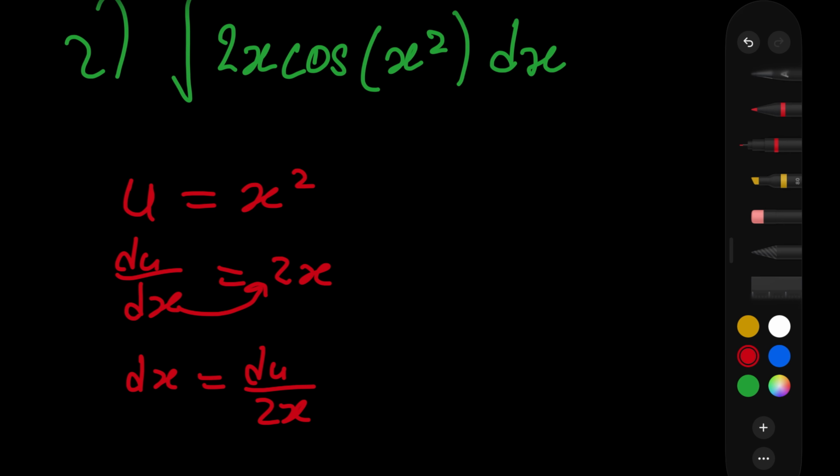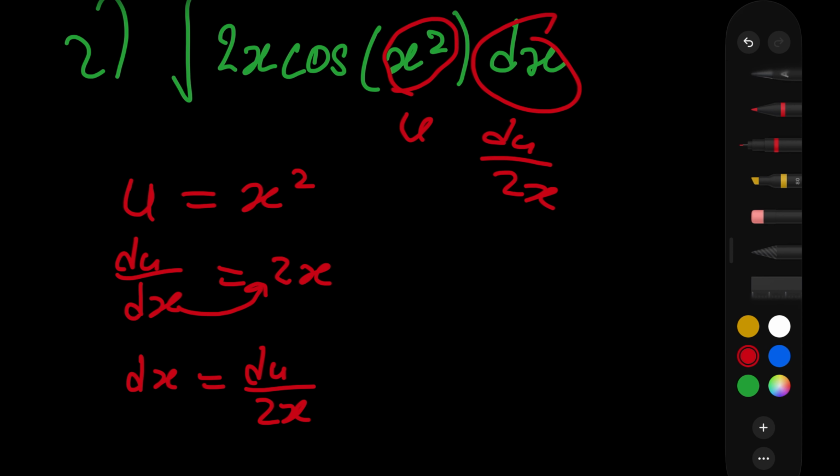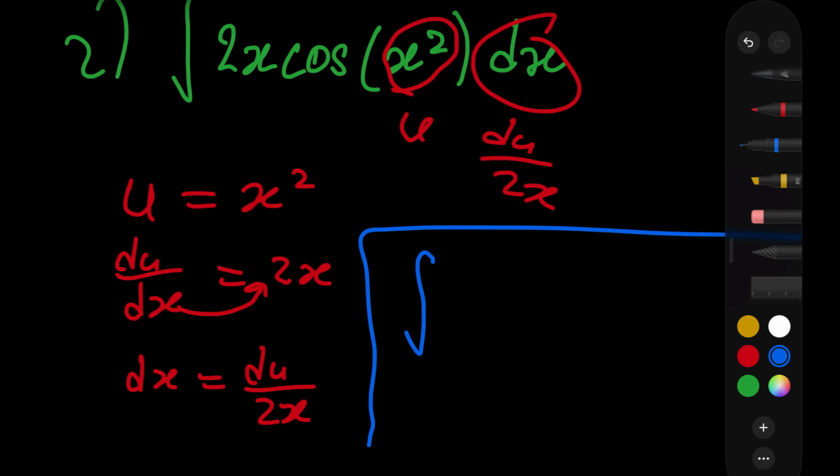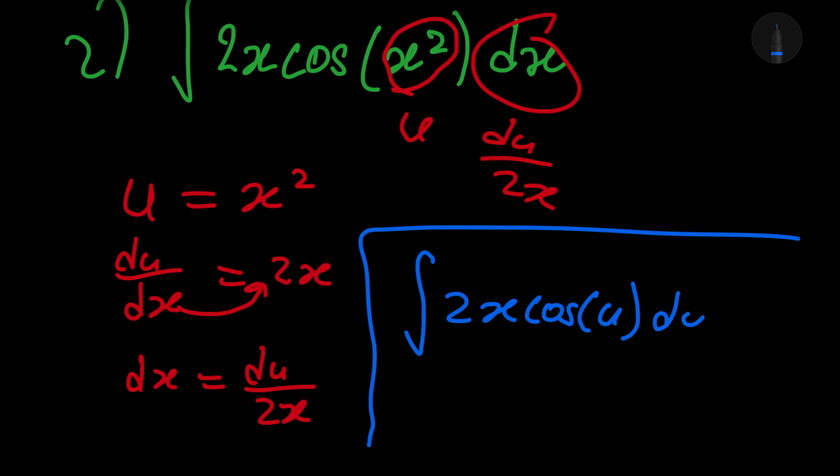Okay, great. So we know this is u, and then we know this is du over 2x. So let's substitute that in. I'll put this in blue. After substitution, we get the integral of 2x cosine u du over 2x.